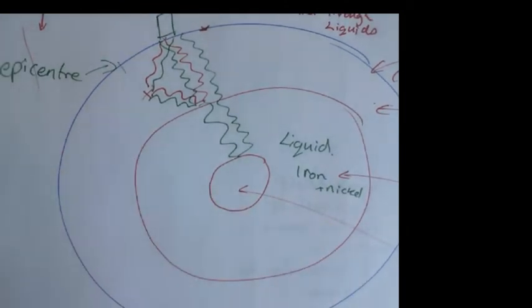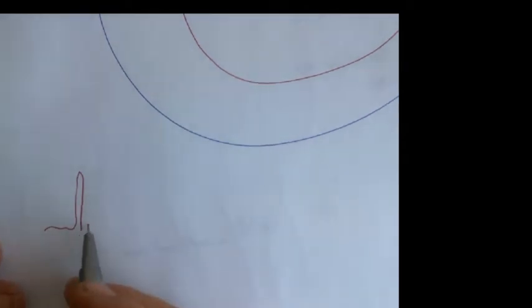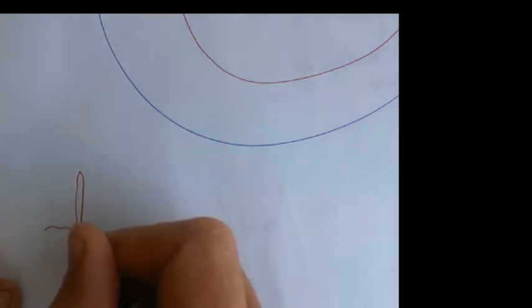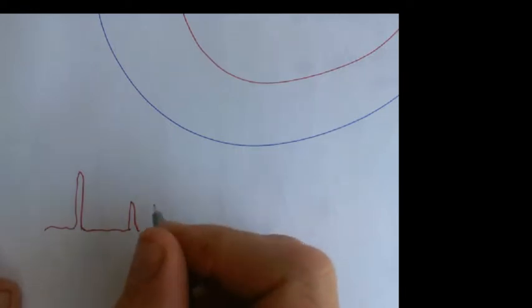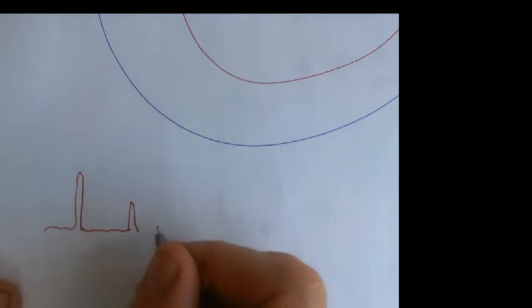Okay? So what you know so far, the signal that you're going to receive so far is going to look like this. That's your shock. That's the earthquake. You're then going to have to wait a little bit of time. That's your aftershock, and that's the reflection from the mantle.